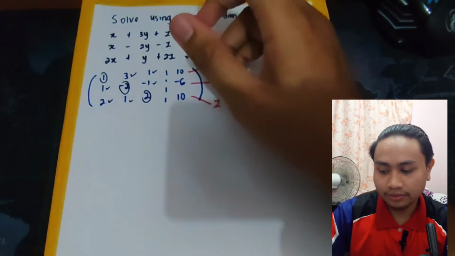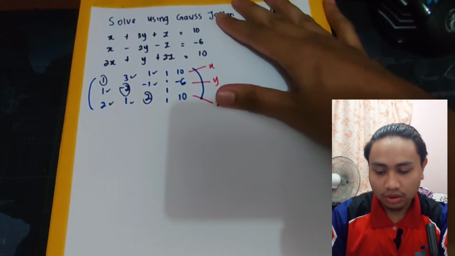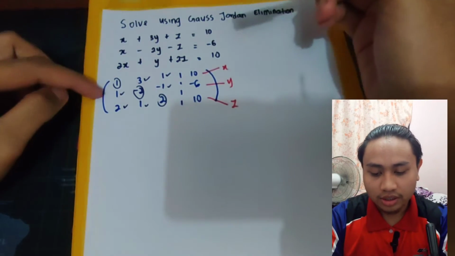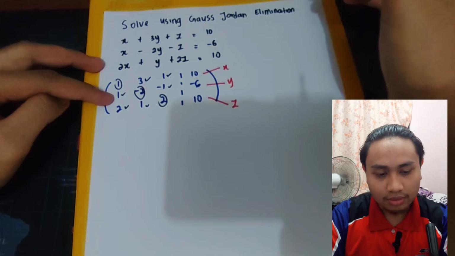So let's start. First of all, we need to make the number here become 0.